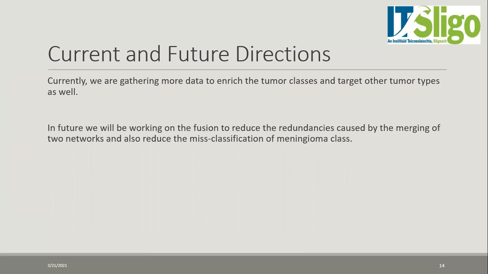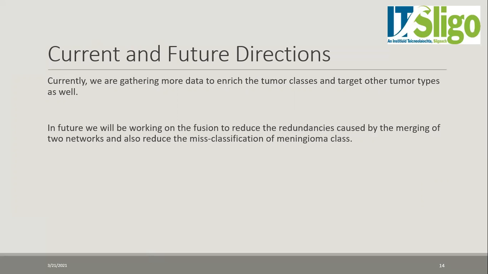The current and future directions of our work are to enrich the data types and the tumors that we have. We are not sticking to just the brain, and similarly to different tumor types in the brain, we're going towards sinus tumors, lung cancers, spinal tumors, lymph nodes, as well as glioblastoma for brain tumor classification between HGGs and LGGs.